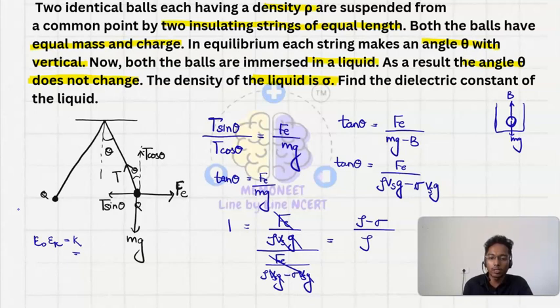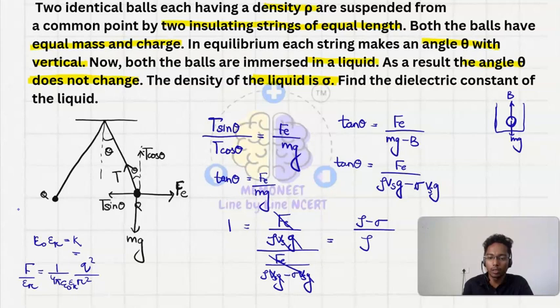So in place of Fe, we know that the force is equal to 1 upon 4 pi epsilon naught q square upon r square. In place of epsilon naught, for the liquid when it is immersed, we write epsilon naught into epsilon r. That means the force will be F upon epsilon r.